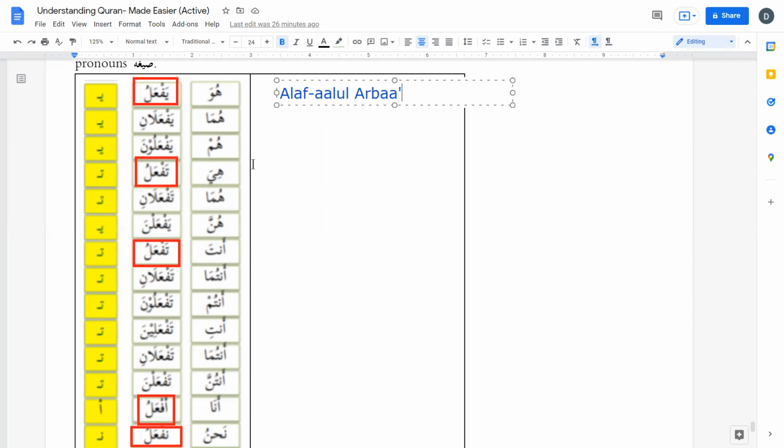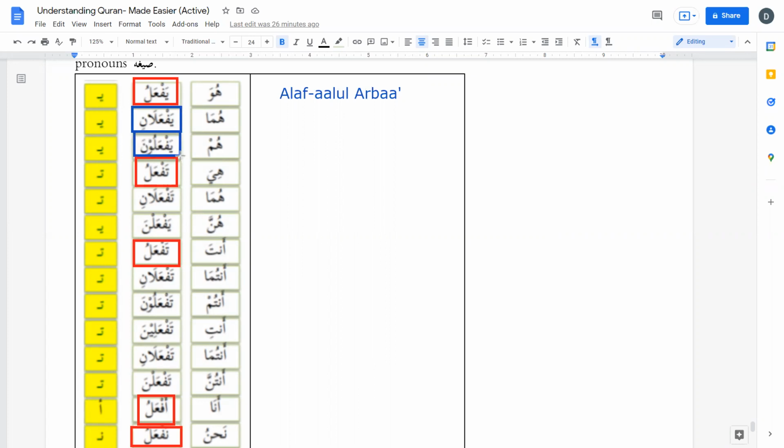And then we have another category. Let me color code this. When you see noon at the end, yaf'alani, sorry, I need to use a different color. So yaf'alani, yaf'aluna.